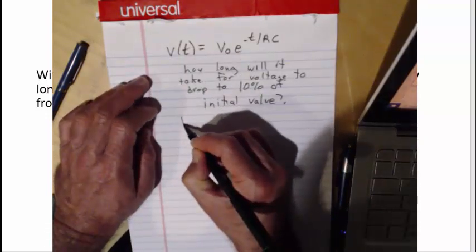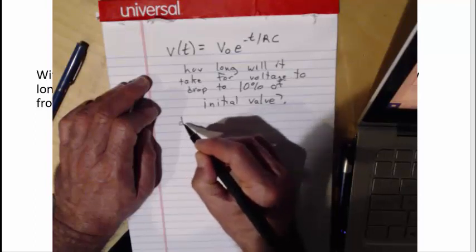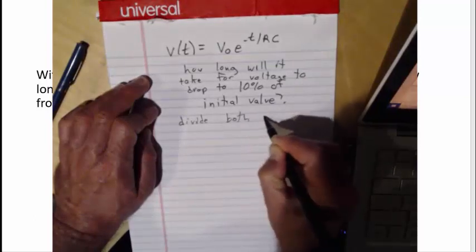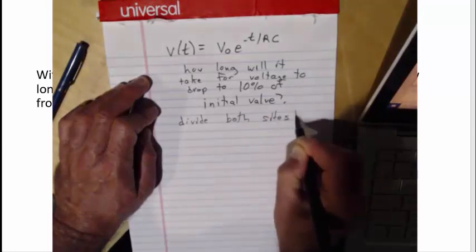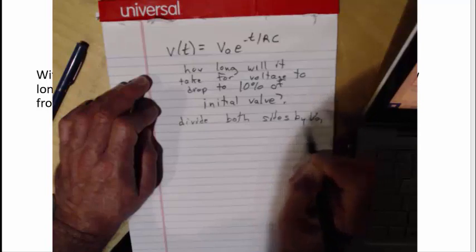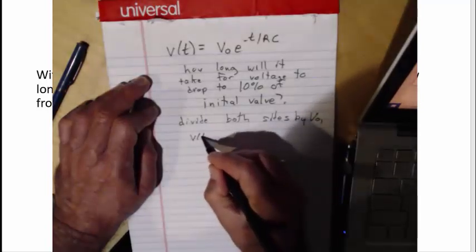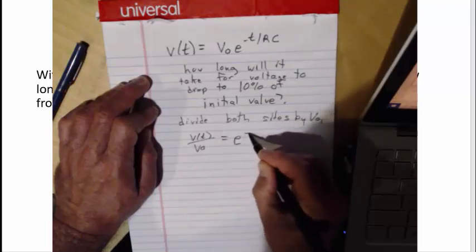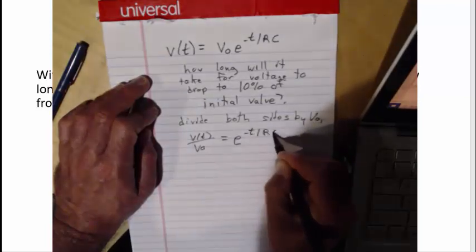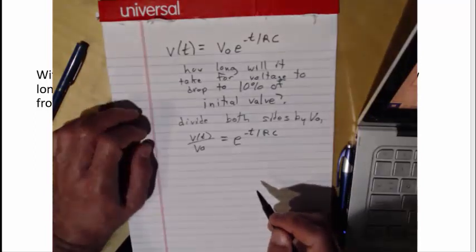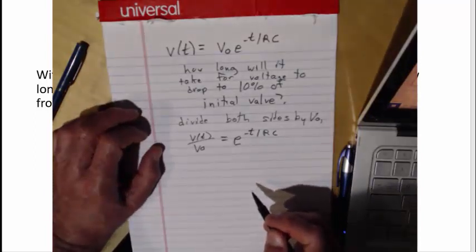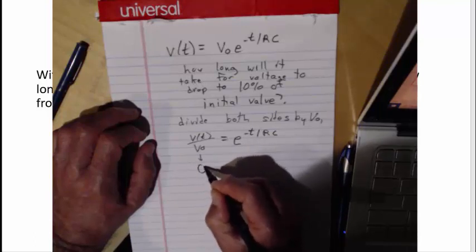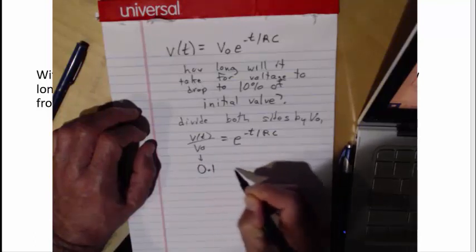So I could rewrite that, divide both sides by V0, and you get V of t divided by V0 equals e to the minus t over RC. Okay, so that's the equation you have. And this, by problem statement, is 0.1 or 10%. That's 0.1.